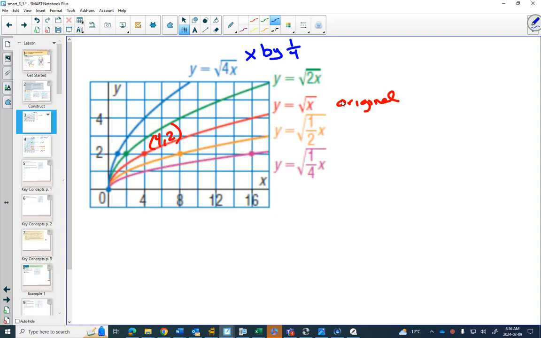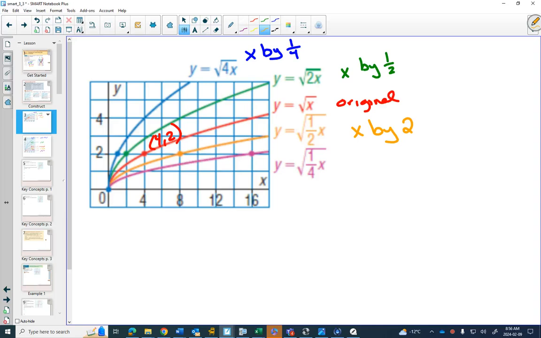So I had 4 over 1, I multiply by 1 over 4. For the green one, I'm going to multiply by 1 over 2. The orange one, if I flip 1 over 2, I'm going to multiply by 2 over 1.